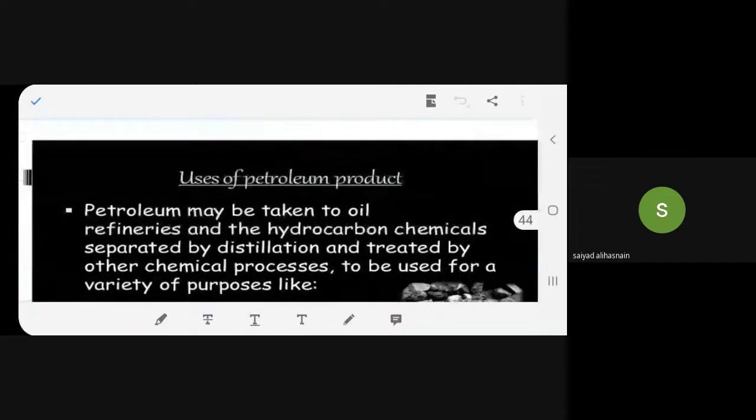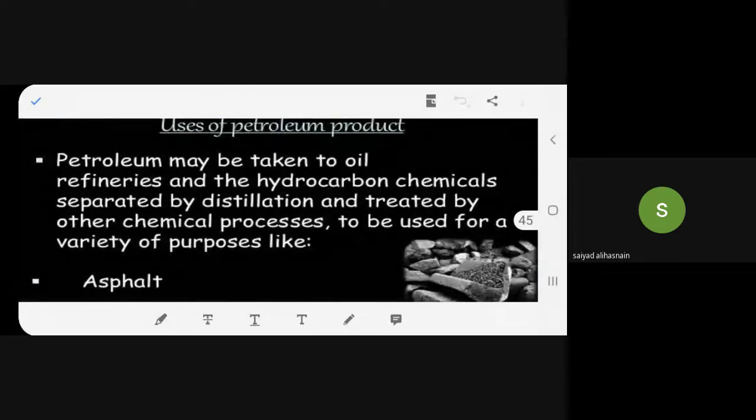Now let's see what are the uses of petroleum products. Please read, beta. Uses of petroleum products.